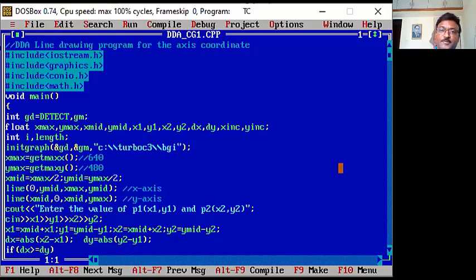I type Magic DOSBox and install, and then comes this C++. Everybody listening? So those who are not having a laptop or desktop, install Magic DOSBox on mobile. Those who have not installed it have to install it and execute these simple programs.